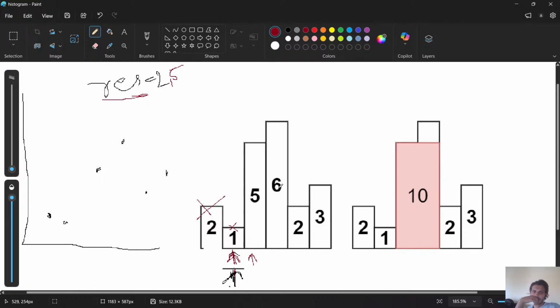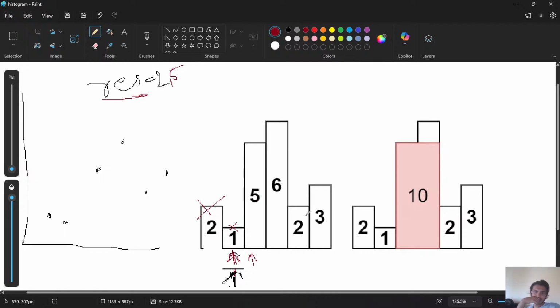If we have greater, then we keep adding. If we have smaller, calculate the area for both. If we have smaller, we pop this one, pop 6. If it is greater than this, we pop 6, pop 5, pop both of these.